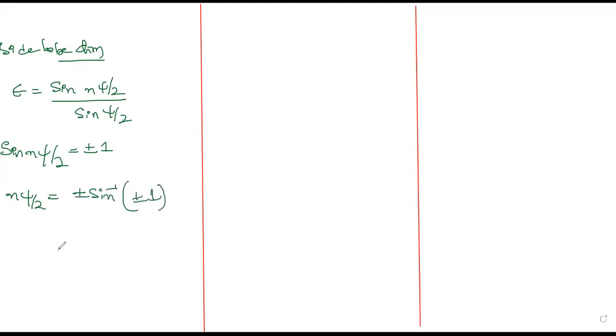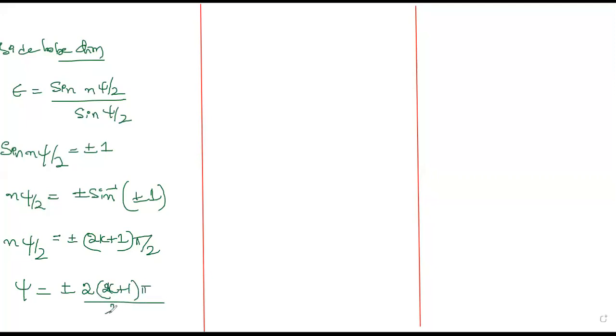What is the general equation of sine inverse of plus or minus 1? 2k plus 1 pi by 2. So now just simplify this equation. First write in terms of xi. You have plus or minus 2k plus 1 pi by 2n.